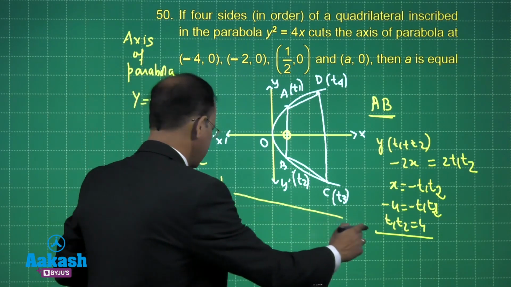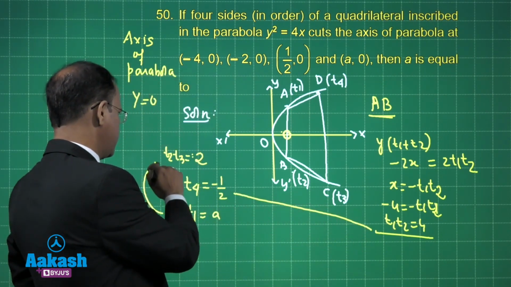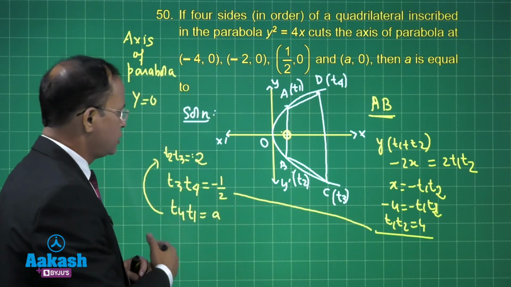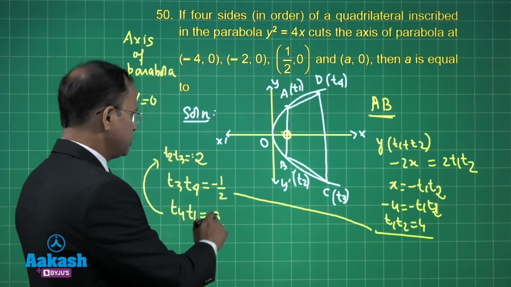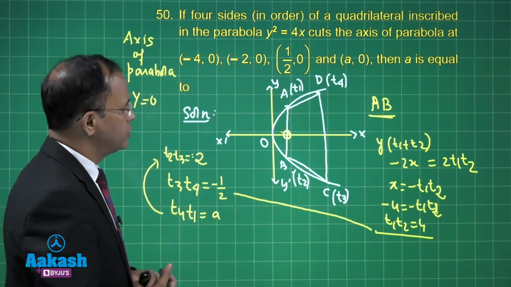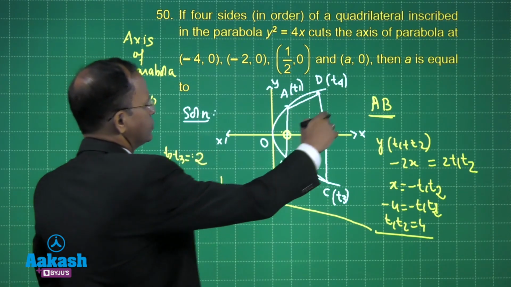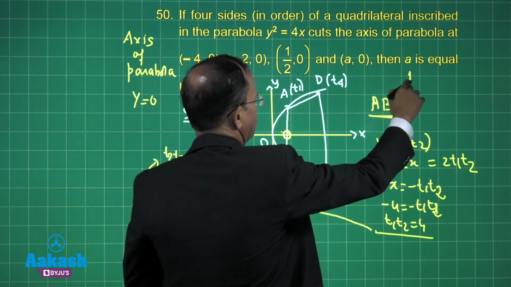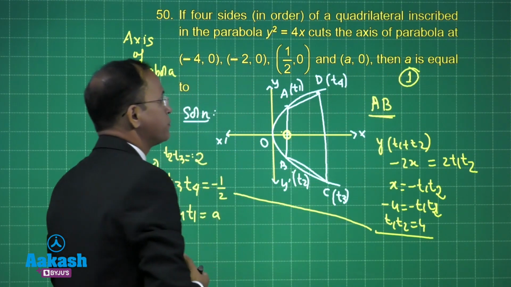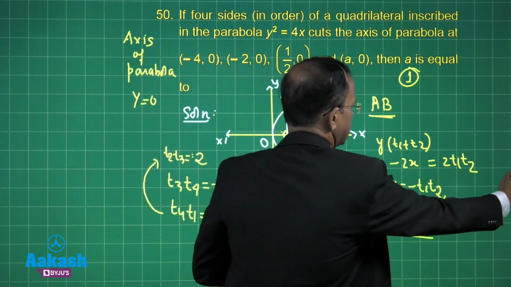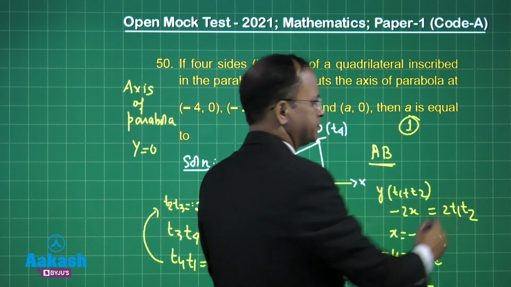This 2 can be taken and this 2 can be taken, so we can just equate the things. So, t4 t1 is what? This is a. So, ultimately when we equate it, we get the value of a to be 1 in this case. So, hopefully the things are clear to you.